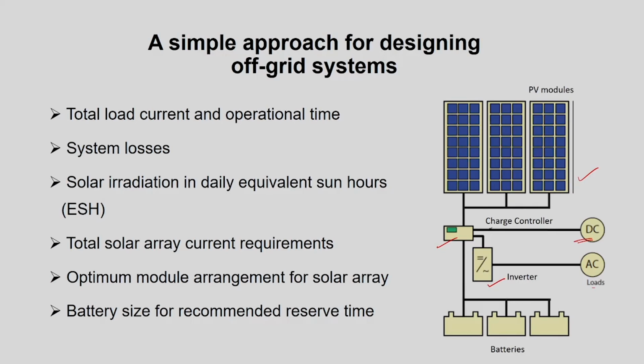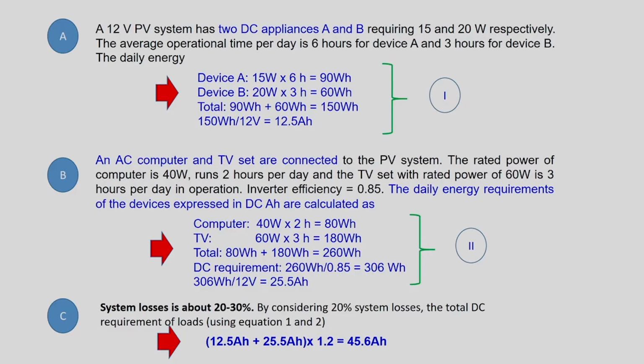So, let us take a small example and try to understand the simple approach for designing an off-grid system. The example goes something like this: a 12-volt PV system, a very basic one, has two DC appliances A and B, requiring 15 and 20 watt respectively.